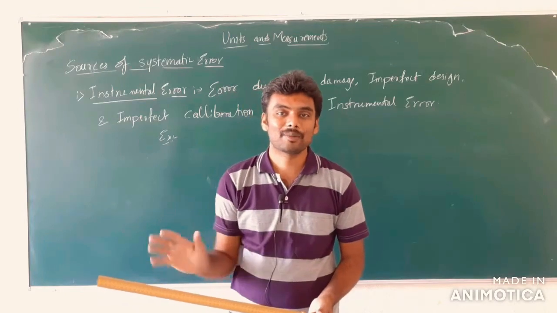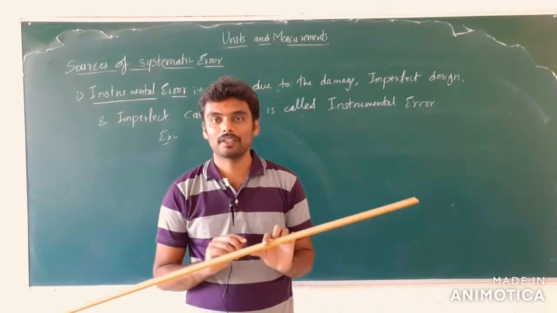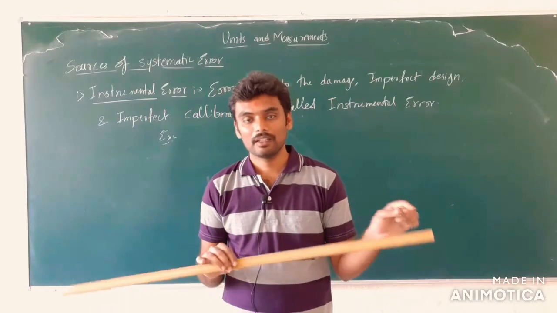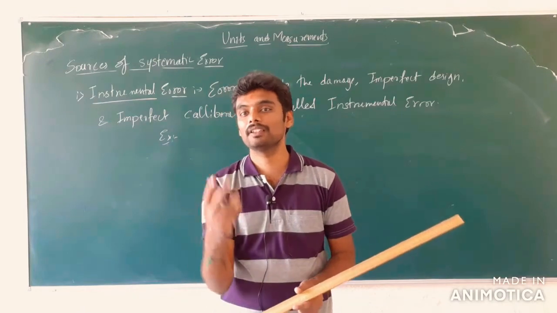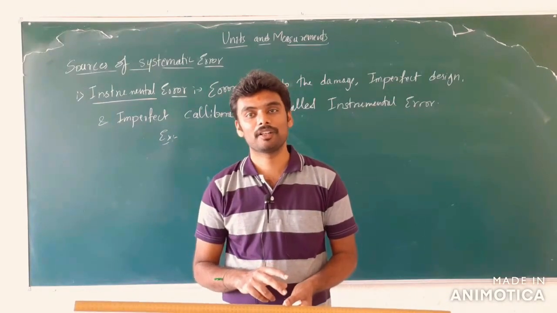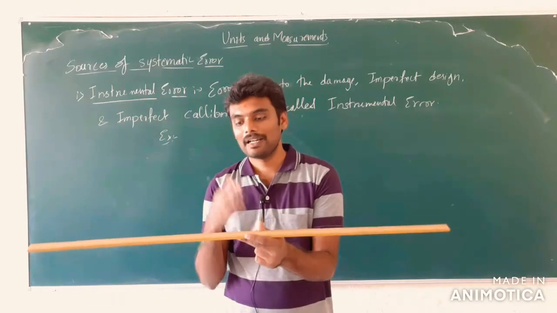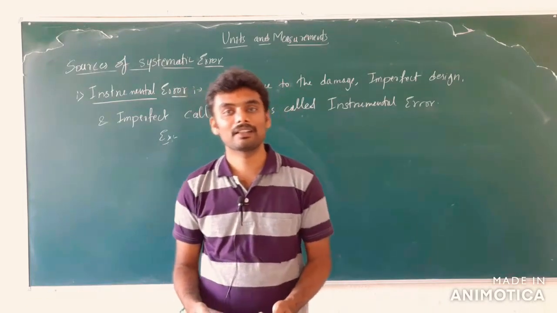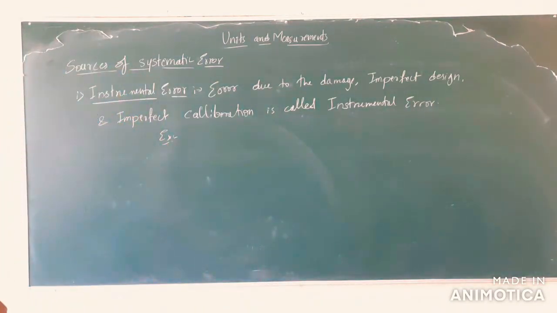The systematic error cannot be expected. If I break this scale somehow, and I give you that broken scale and ask you to measure something, then obviously you will expect certain error in the measurement, isn't it? The measurement won't be accurate due to the damage that has occurred to the measuring device, the scale. You will get the error in the reading. So that kind of error is considered to be instrumental error.